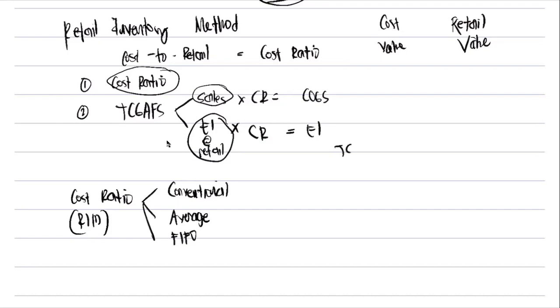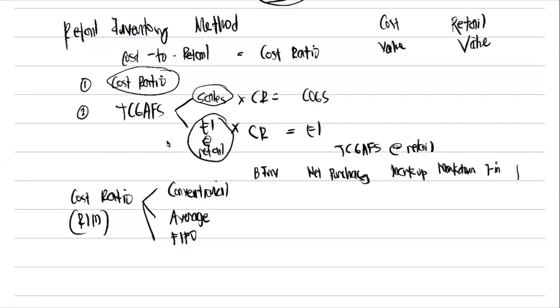So what composes your total cost of goods available for sale at retail? The following are the items: first, your beginning inventory, of course. We have your net purchases, your markup, your markdown, transportation in, and transportation out.